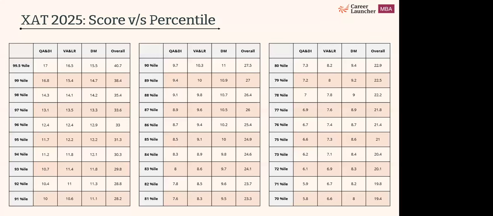Remember, 99 percentile varies depending on the level of difficulty of the paper. So last year, 99 percentile was at 38.4 aggregate. And the three sections were roughly about 17 in quant, 15 in verbal, and 14 or 15 in DM. But this can change very easily. Please remember, the level of difficulty of the paper defines everything.